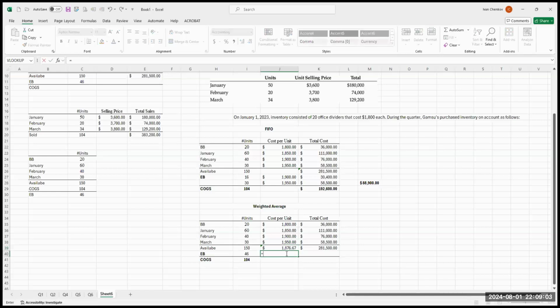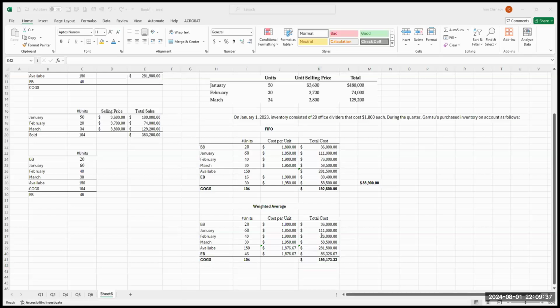That automatically becomes the cost of my ending inventory per unit. In total, 46 times this number is going to give me the ending inventory. That means cost of goods sold is total available minus the cost of the ending inventory, which is going to give me 195,173.33.